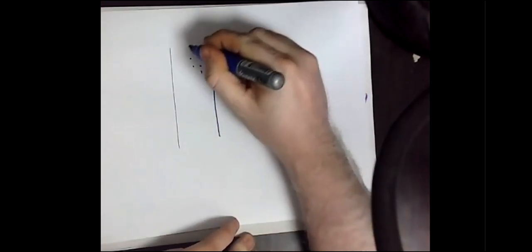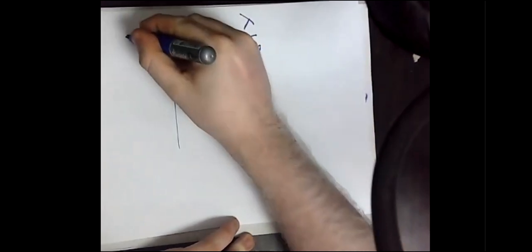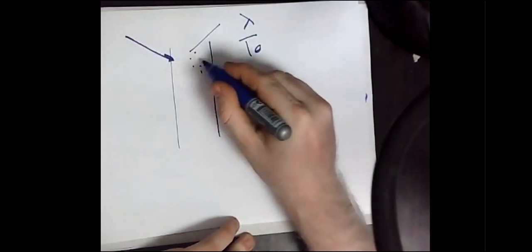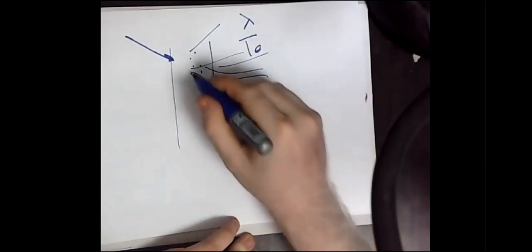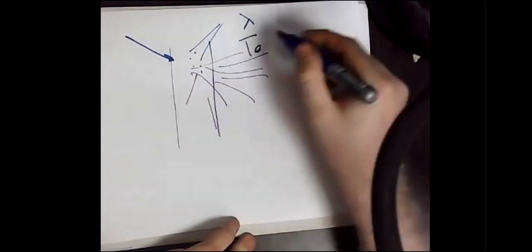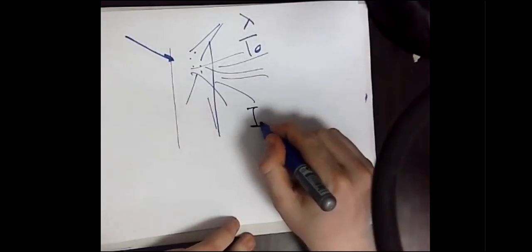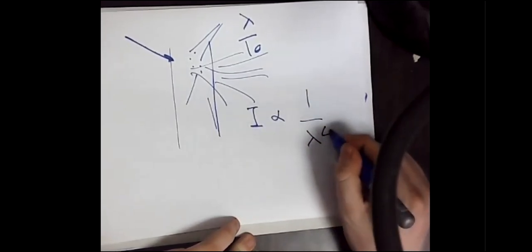Okay, perfect. So for Rayleigh scattering, you have a scattering particle which has a dimension less than lambda over 10. Light comes from this direction, then it will start to scatter in different directions. The intensity of scattering is inversely proportional to lambda to the power 4.